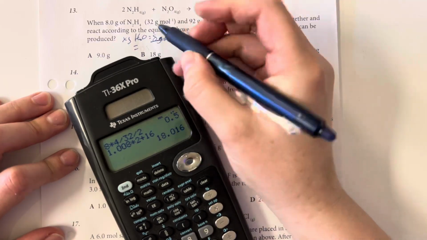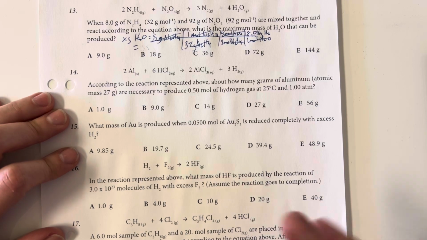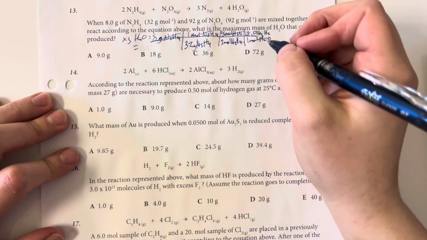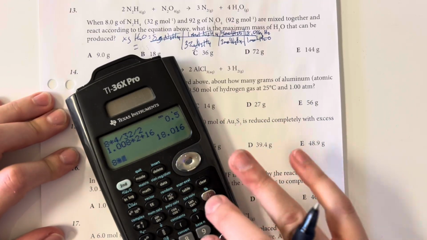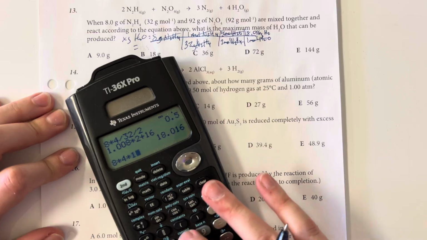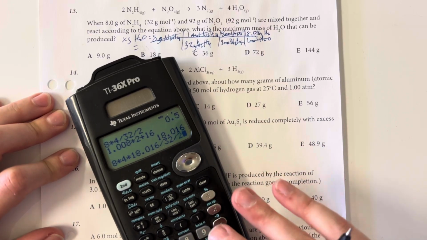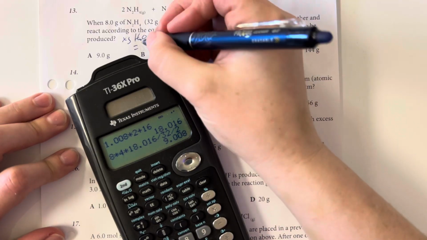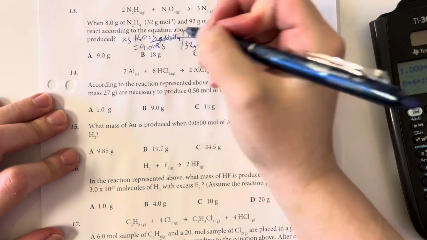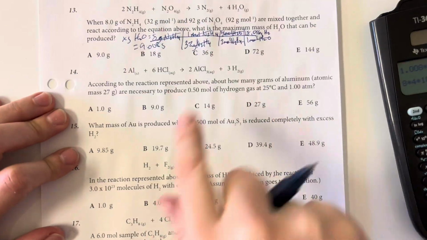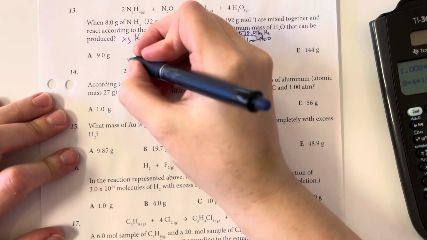This is why it's really important to state what you are looking for so that you don't accidentally do what I just did. So we will have 8 times 4 times 18.016 divided by 32 and 2, and that gets me 9.008 grams.